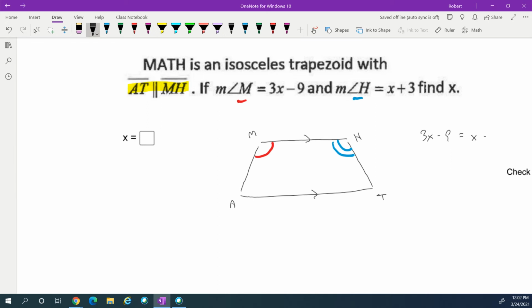We would have had them as consecutive interior angles. So getting those letters in the correct spot is important. So always make sure that your picture fits the words before you try to solve things.